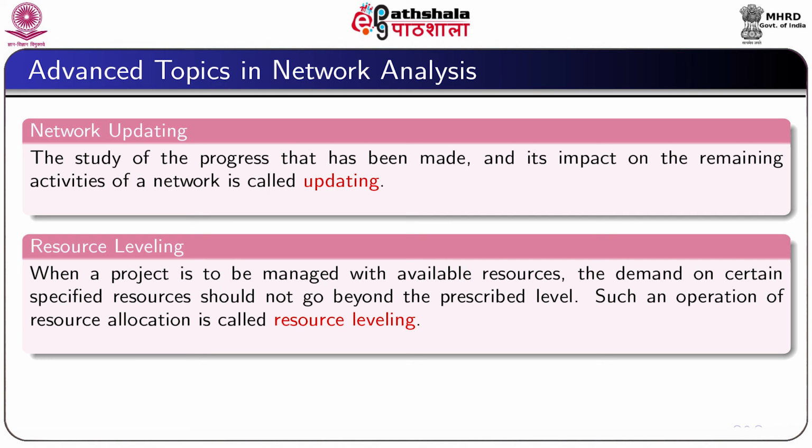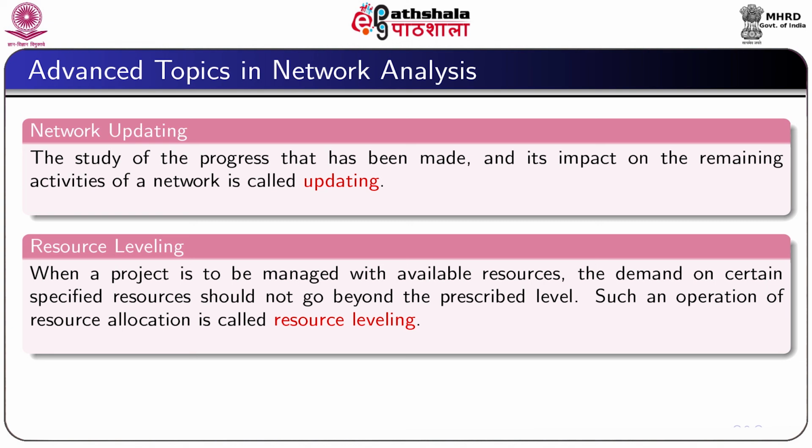Resource leveling. There are various activities in a project demanding varying levels of resources. When a project is to be managed with available resources, the demand on certain specified resources should not go beyond the prescribed level. This operation of resource allocation is called resource leveling.